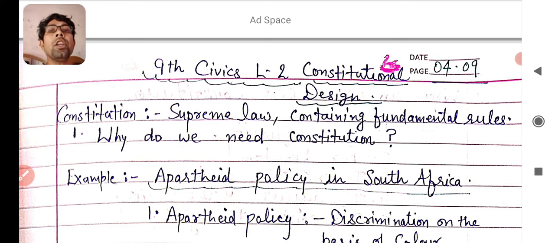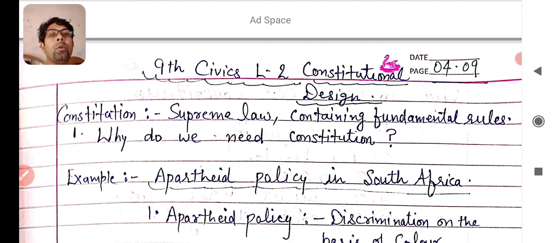So what are the needs of that constitution? So we should know why we need constitution, but with the help of an example from South Africa. So next we will read about apartheid policy in South Africa. There was apartheid policy in South Africa.